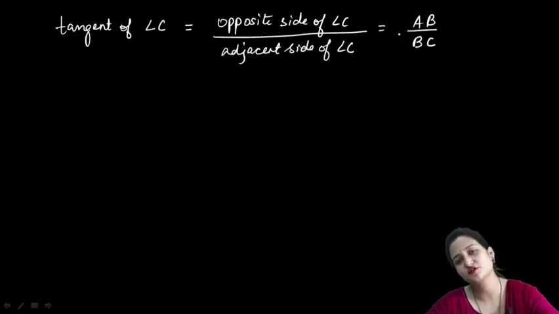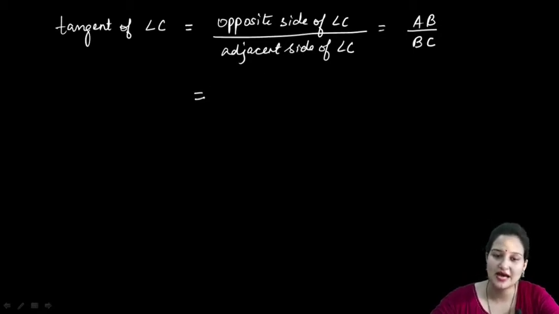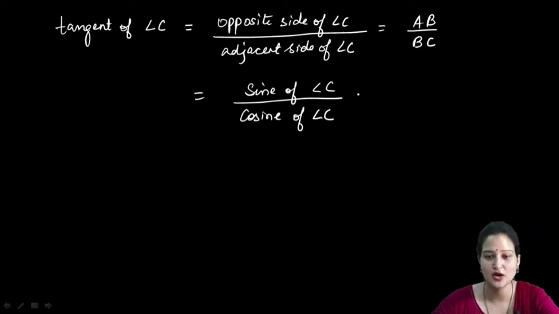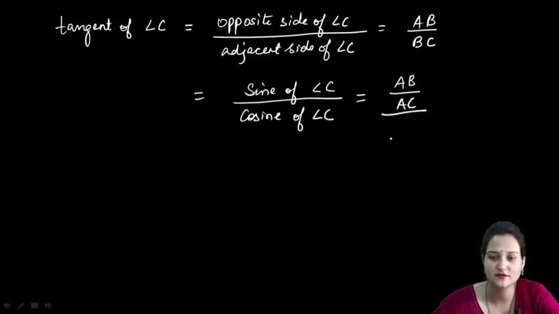For the tangent of angle C, we can also write it down as sine of angle C upon cosine of angle C. Let me show you how. In the previous page, as I showed you, the sine of angle C is AB upon AC and cosine of angle C is BC upon AC.